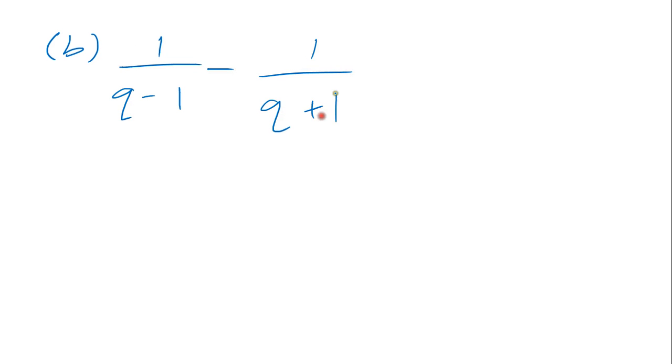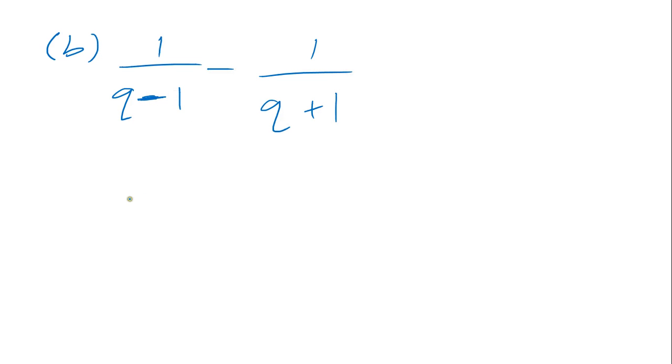And I guess I'll work B also. So we have 1 over q minus 1 minus 1 over q plus 1. Alright, so here they seem like they're almost the same, but they have different signs.